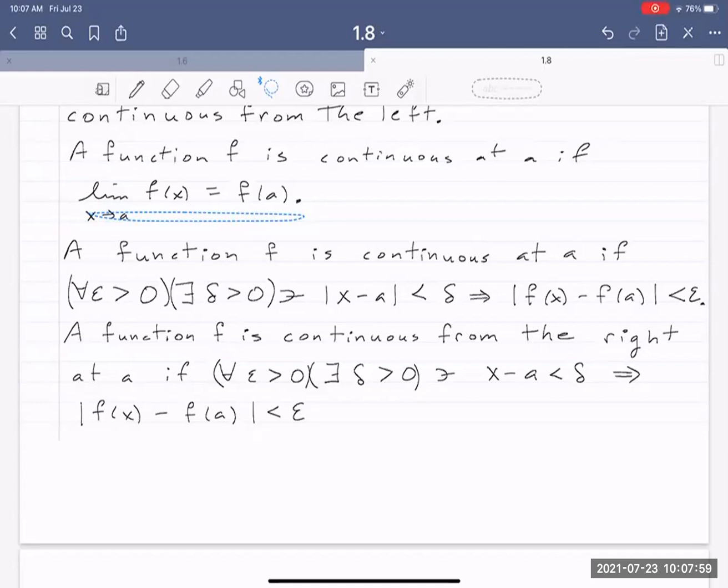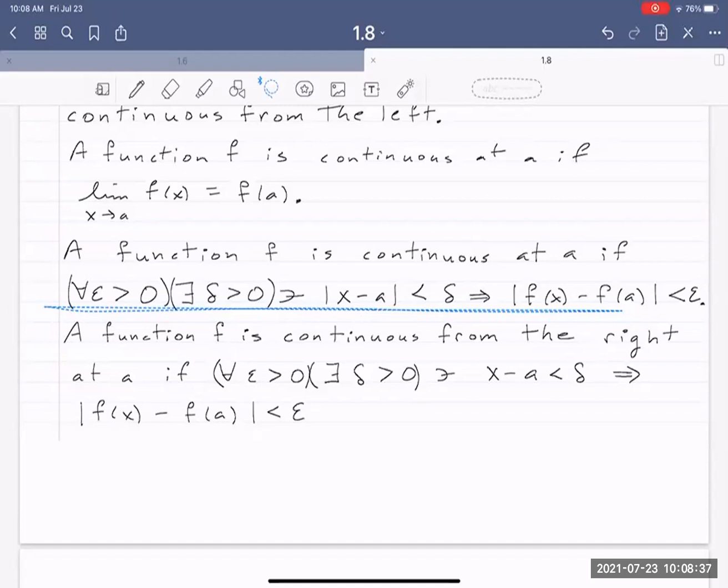A function f is continuous at x equal a if for every epsilon greater than 0, there exists a delta greater than 0 such that x minus a in absolute value less than delta implies that f of x minus f of a in absolute value is less than epsilon.